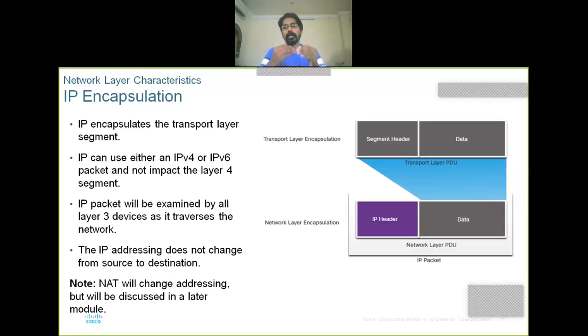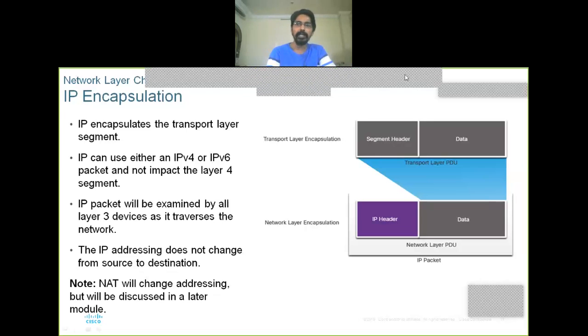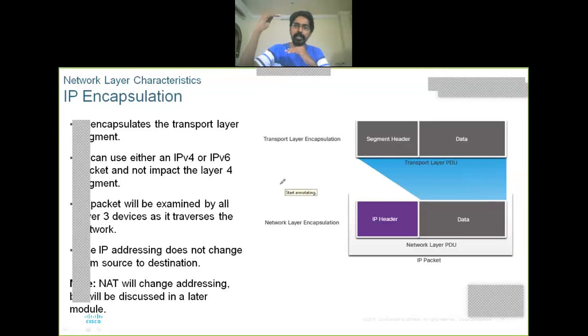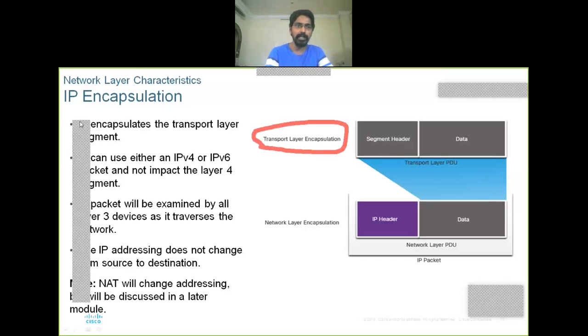Then coming to encapsulation, how does the network layer encapsulate the data? This is called IP encapsulation, right? So here observe, what is the layer above the network layer? Transport layer, right? Layer 4 is the transport layer. Observe this figure, transport layer.